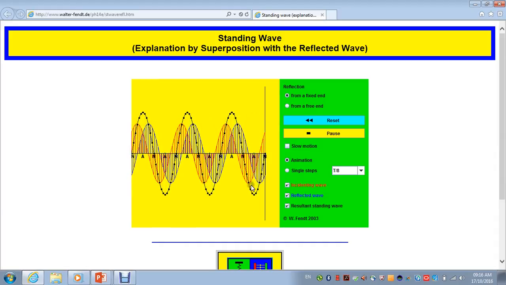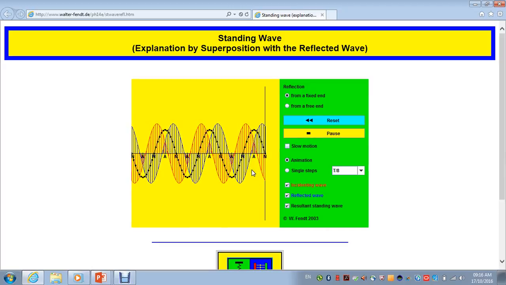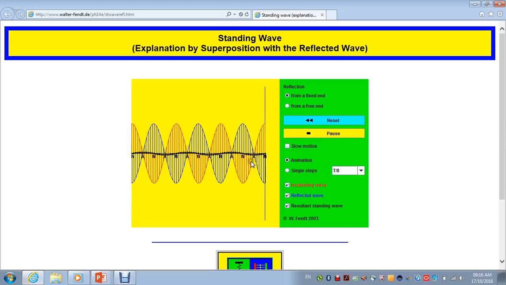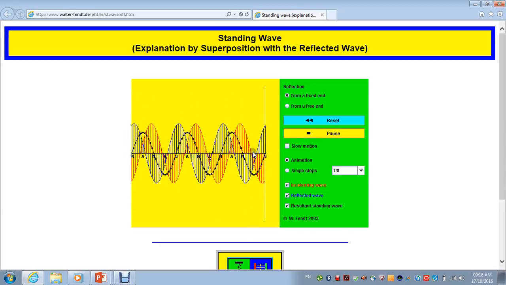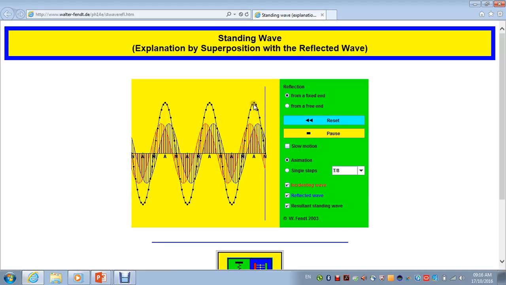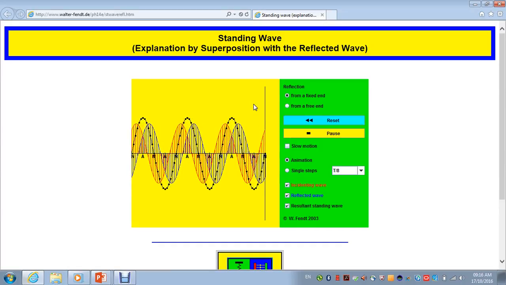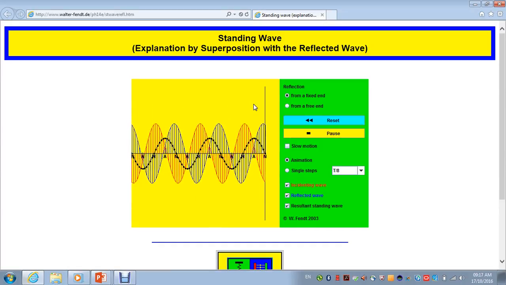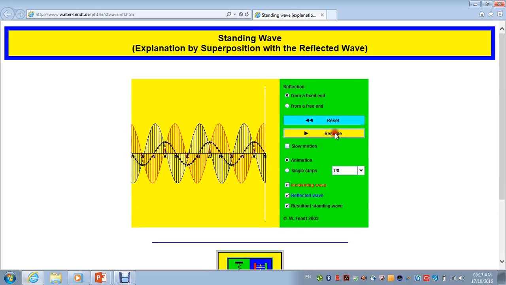All it does is vary from the maximum displacement to 0, then to negative maximum displacement, and then back to 0 again and maximum positive displacement. So by having two identical waves traveling in opposite directions overlap, we get a stationary wave. Okay, I think we have seen enough.